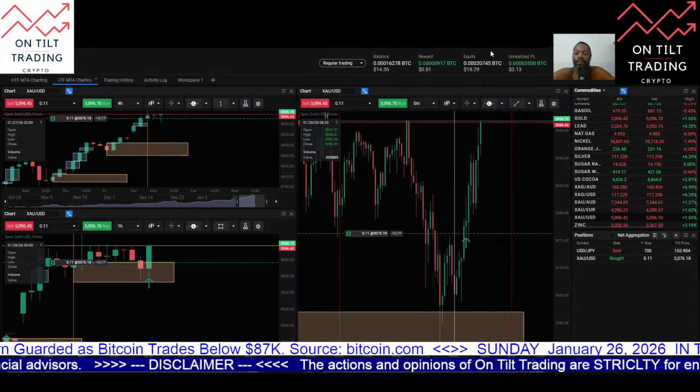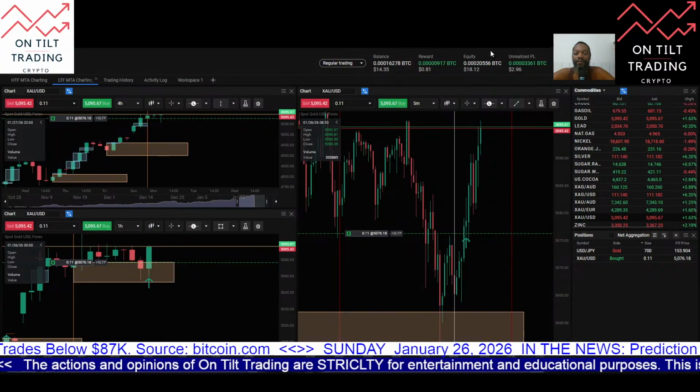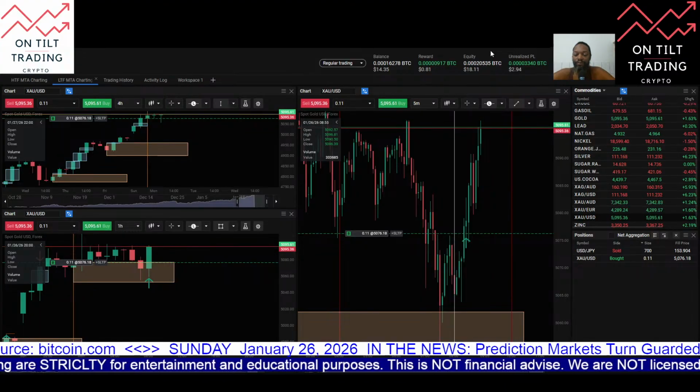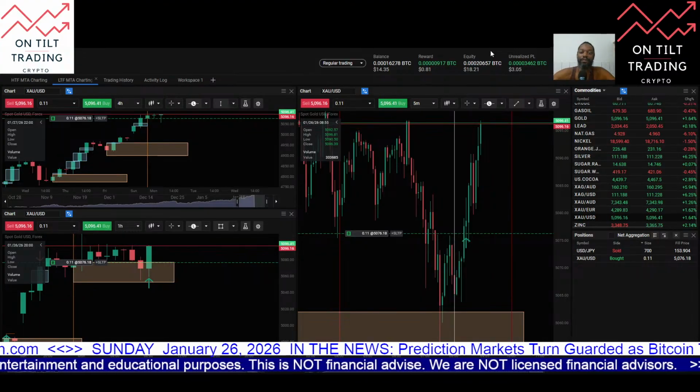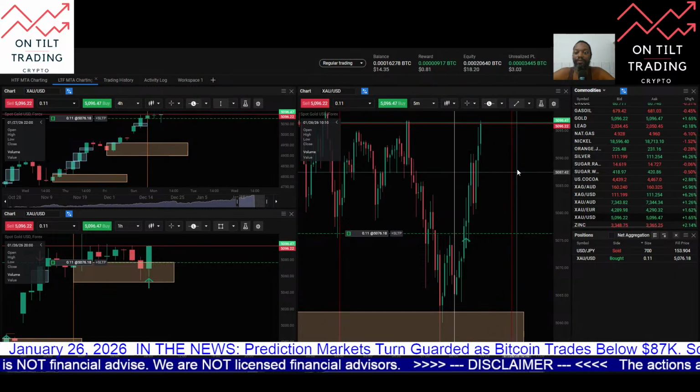And price approaching the 1 hour structural high again. Less than 1 minute remaining in the current 1 hour candle.